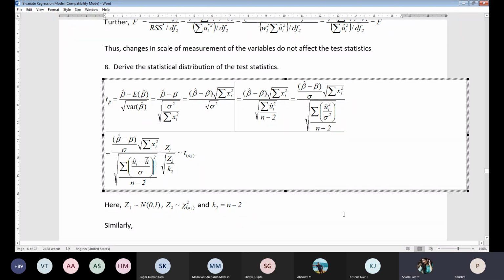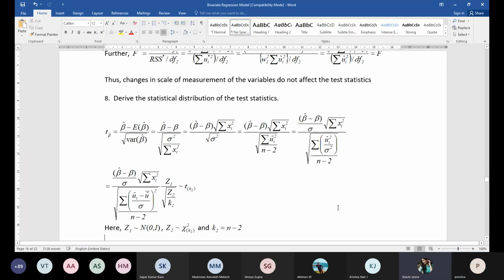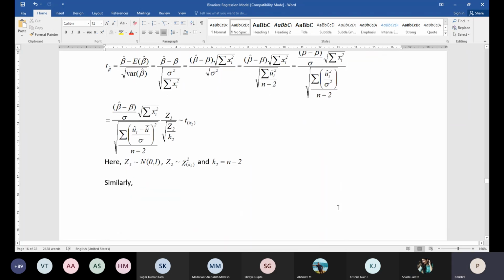When we square and sum the standard normal variables, what distribution do we get? Chi-square distribution. Exactly. So this part is chi-square divided by degrees of freedom. This is degrees of freedom, n minus 2.